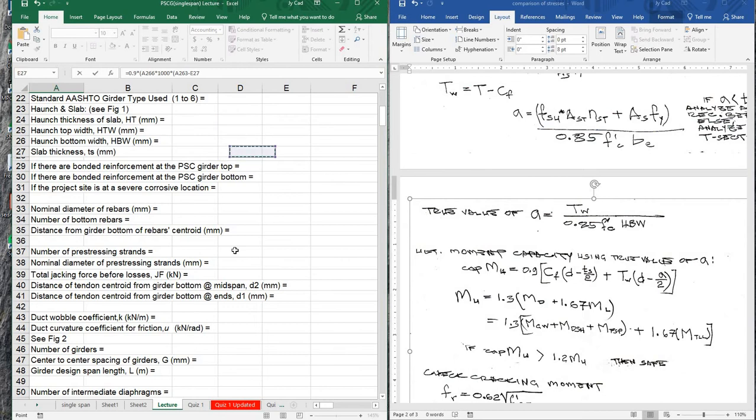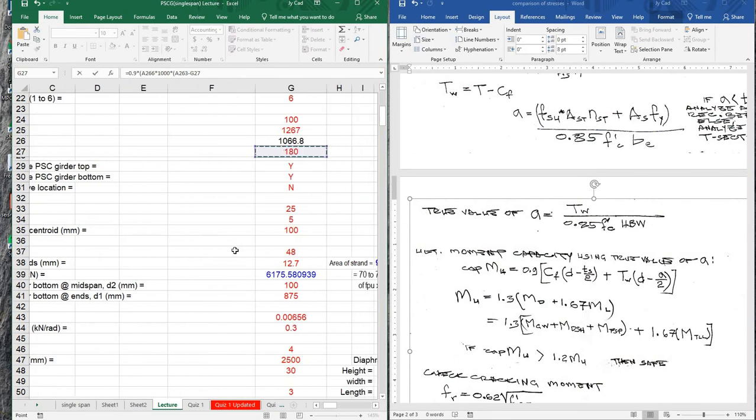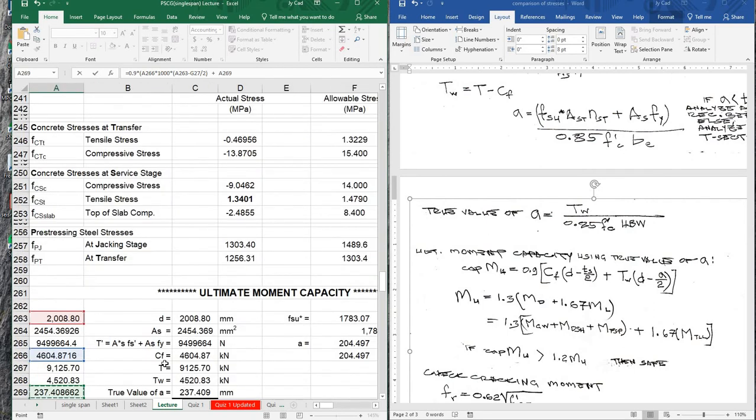Divided by 2, close parenthesis. Plus TW. Dito na tayo. Okay. Si TW naman, ito siya. It is in kilonewton, so I will multiply this by 1,000 para maging Newton.